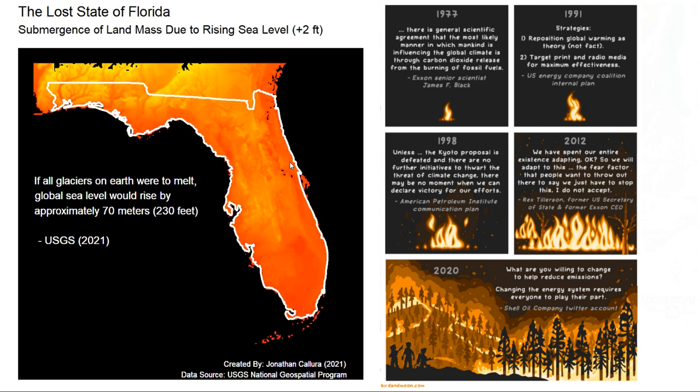Nope. Okay. It leads to rising sea levels. Rising sea levels lead to displacement. If this happened, so this would be an extreme scenario, but if this happened, places like Florida would be entirely submerged.